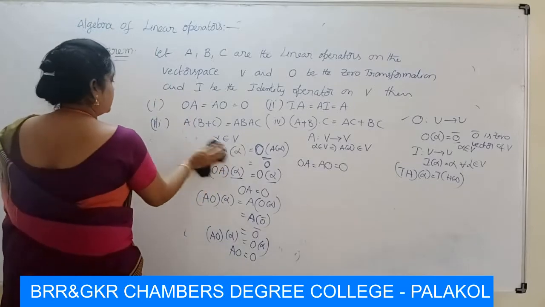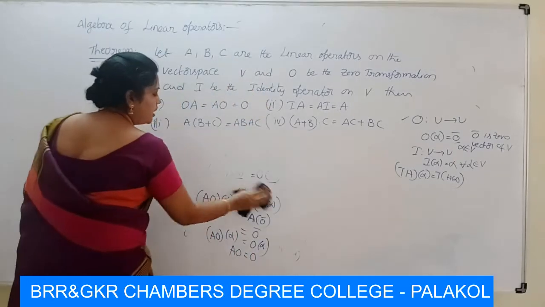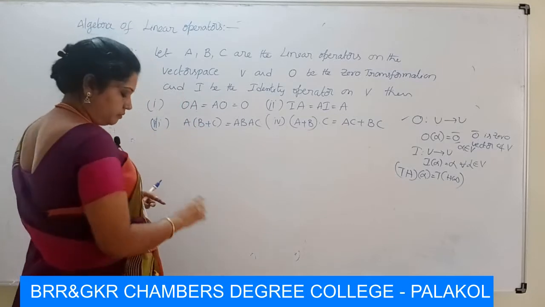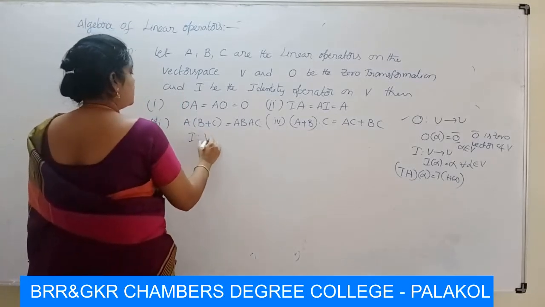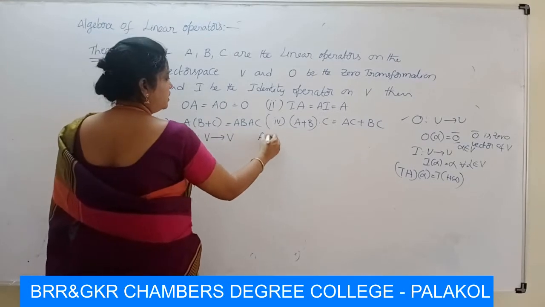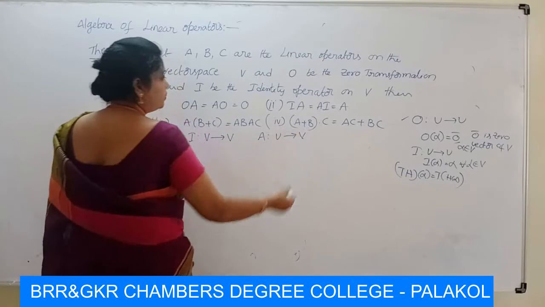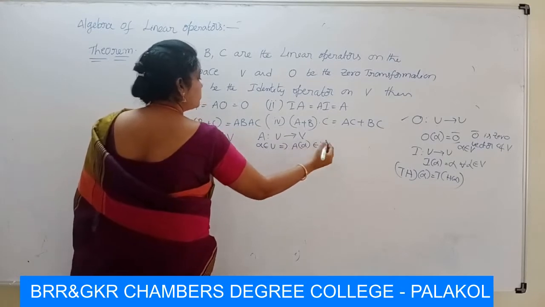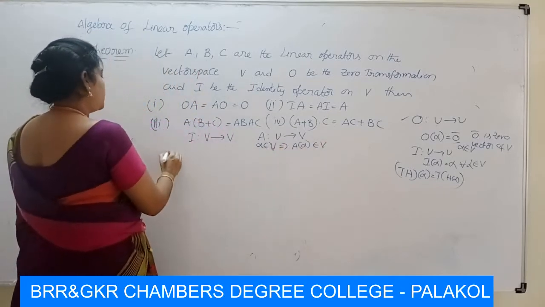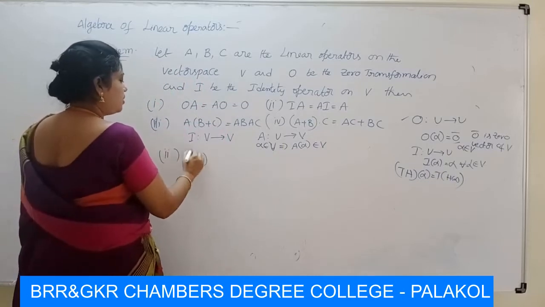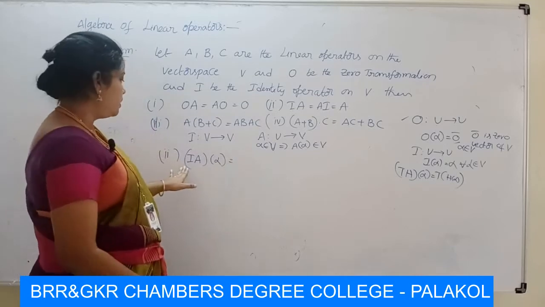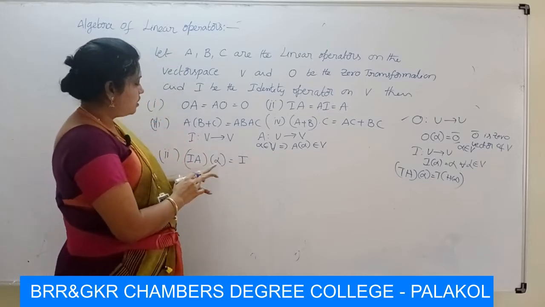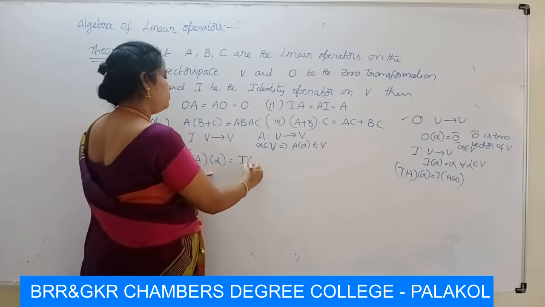Now the second condition, that is AI equal to A. Here A is a linear operator from V to V. Here I is a linear operator from V to V and E is also a linear operator from V to V. We take an alpha belonging to V, so A of alpha also belongs to V. Second condition, IA of alpha is equal to I of A of alpha, by the product of transformations.